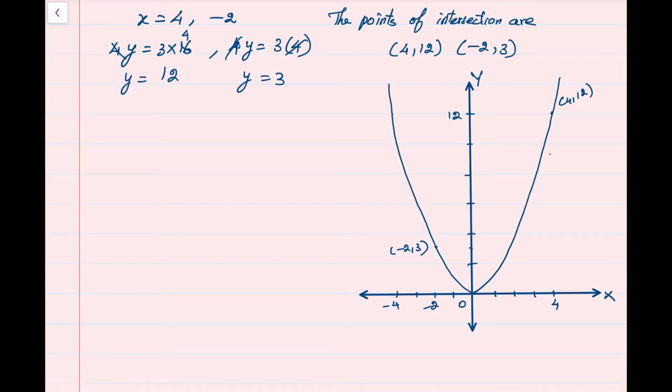The equation is y equal to 3x square over 4. And the line also passes through these 2 points. The line equation is y is equal to 3x plus 12 divided by 2. The area is between these 2 curves.